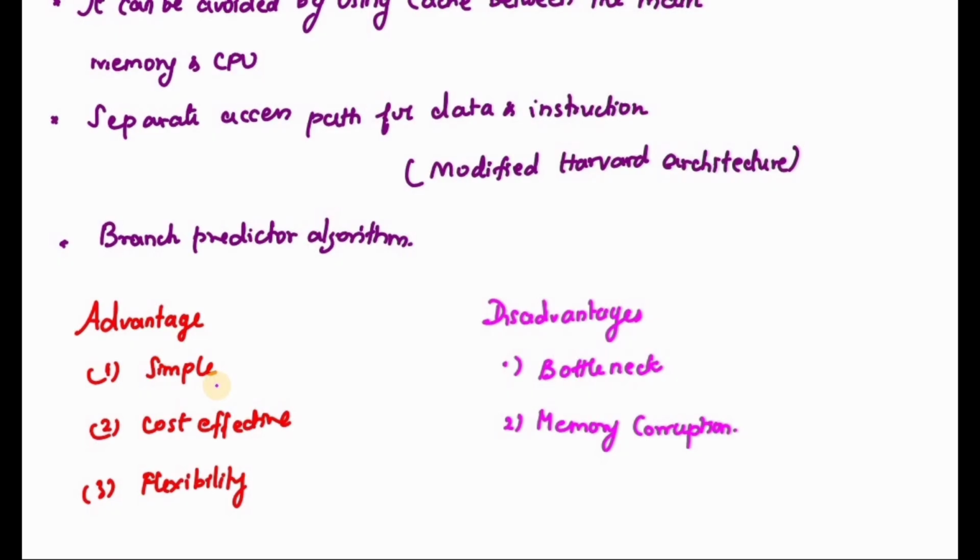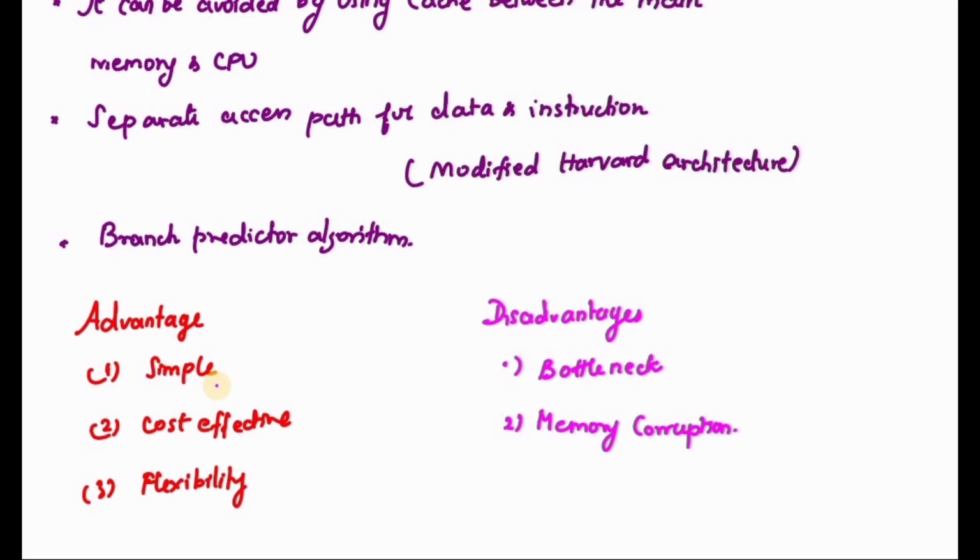And what are the disadvantages? Bottleneck issues, as I already told you. Here we don't have any separate bus for data and instruction fetch. Since they cannot be performed simultaneously, it is very slow in operation. What about memory corruption?